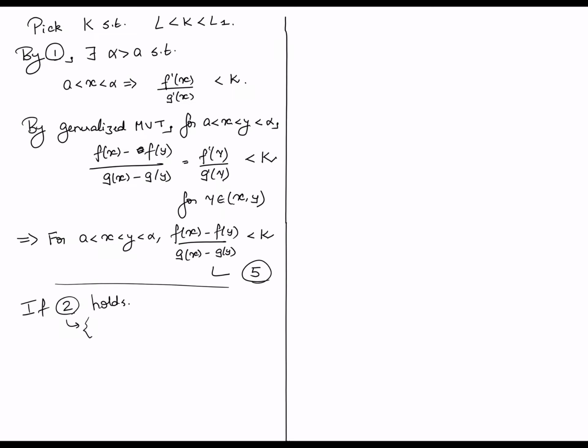Well, 2 means, recall, limit x tends to a, and here I should technically say a plus or minus infinity, so let me just say a here, just to remind you, that f of x is equal to 0 and limit x tends to a, g of x is equal to 0. So that's the statement number 2.